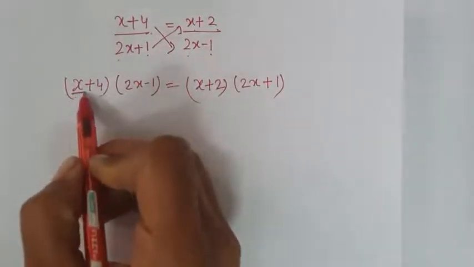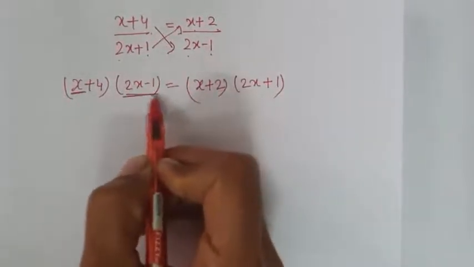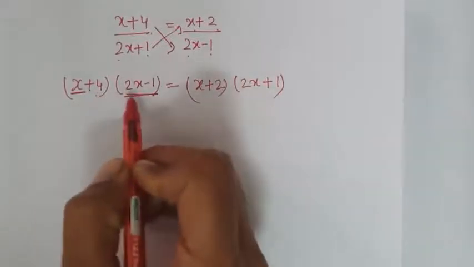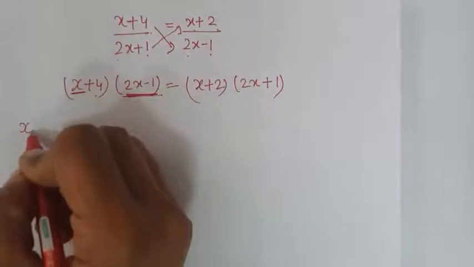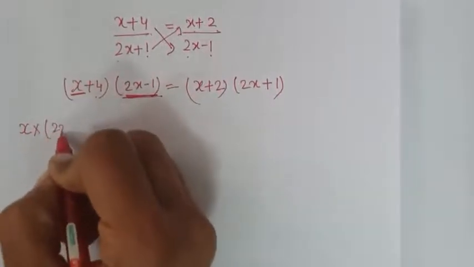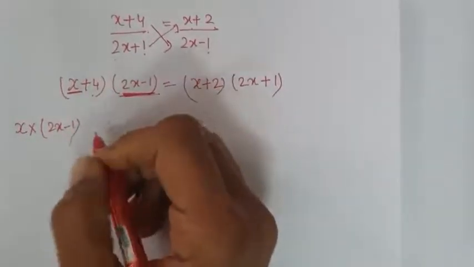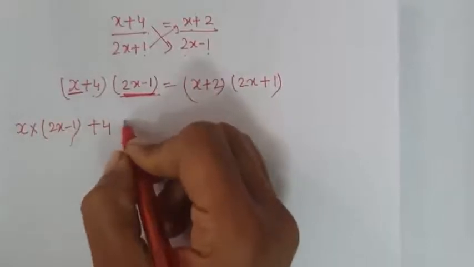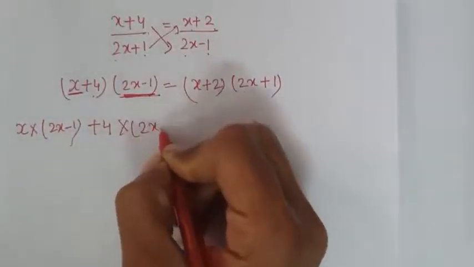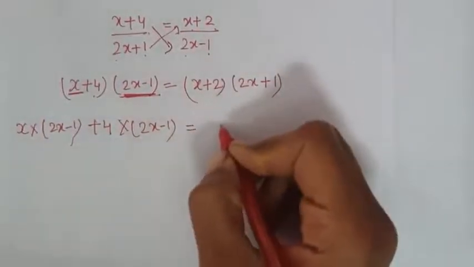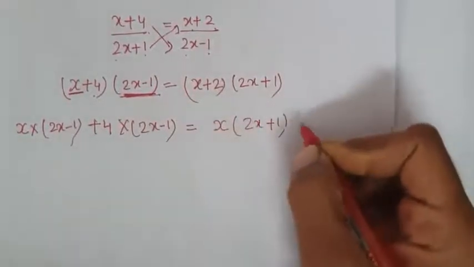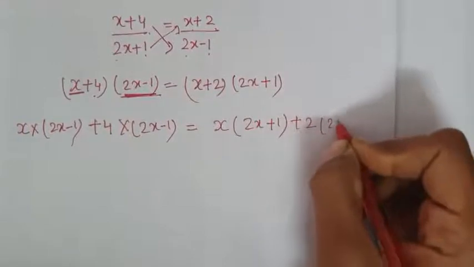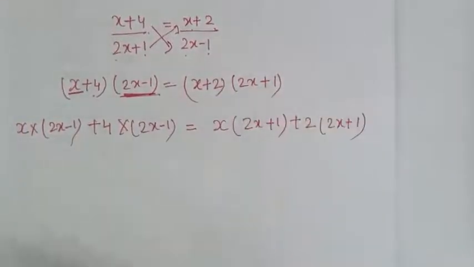First of all, x will multiply with this whole bracket. Then 4 will multiply with this whole bracket. x multiply 2x minus 1 plus 4 multiply 2x minus 1. Same here, x multiply 2x plus 1, plus 2 multiply 2x plus 1.